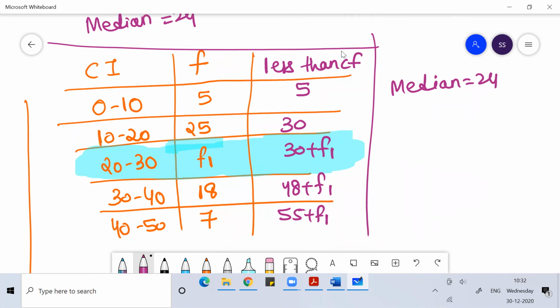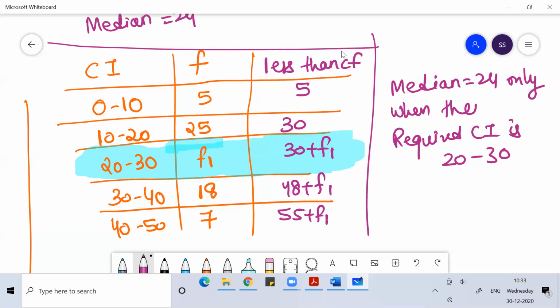So only when the required class interval is 20 to 30, then only you can get the median as 24. So the L here is 20, H here is 30 minus 20 means 10. Frequency of that is F1, and the cumulative frequency before that is 30.